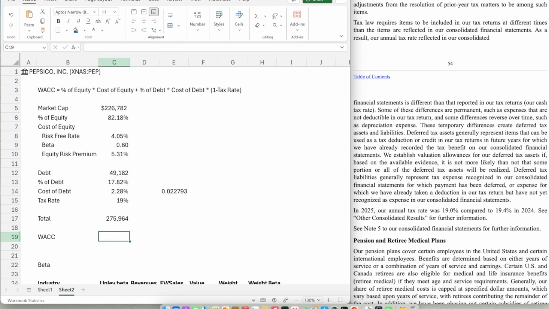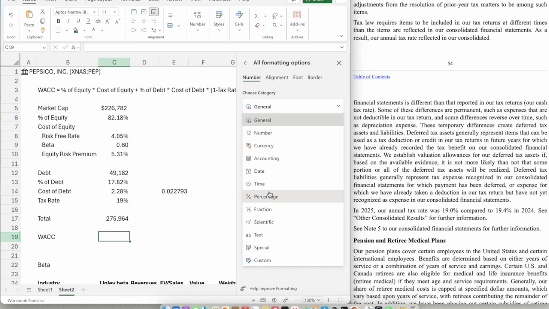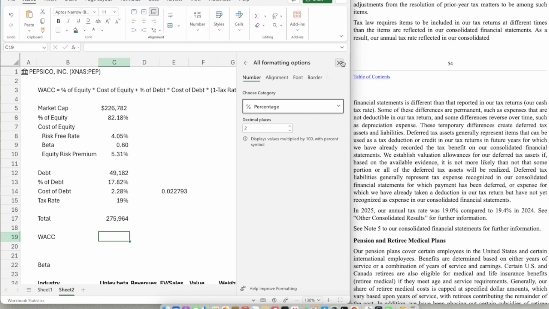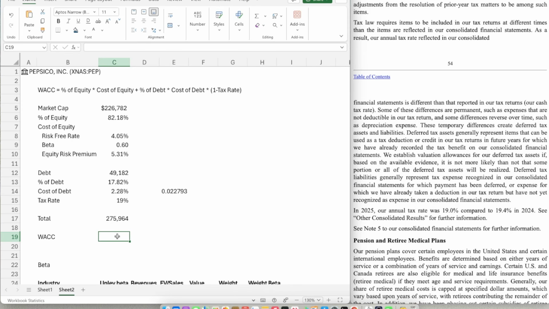So now we just do this formula and we'll get the WACC. So equals, open your brackets. Oh, sorry, we haven't calculated the cost of equity. Your cost of equity equals your risk-free rate plus your beta times your equity risk premium, 7.25.